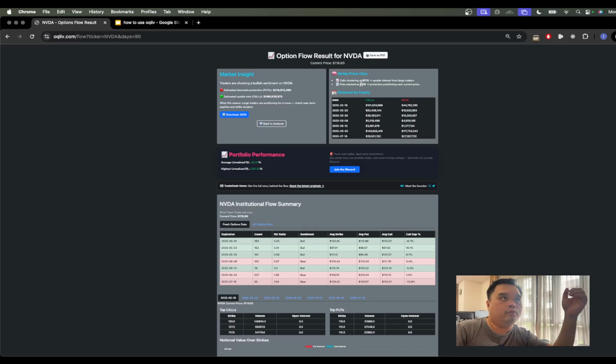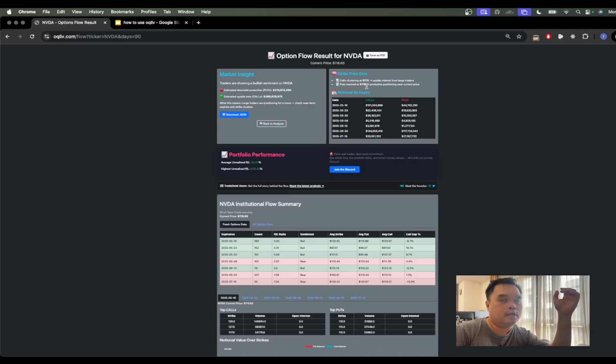And in here, we can see the idea of where the calls are clustering. They are expecting the options calling at 116 over here, and the puts are at 116 as well. This is a general idea of where the option is going to be.